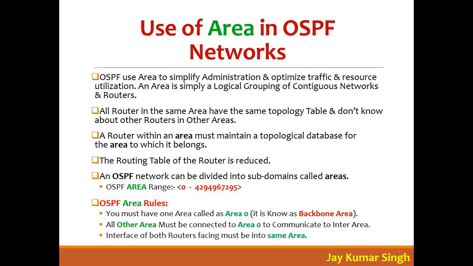Simply, OSPF uses areas to reduce the load of the routing table on the routers. As you know, OSPF is used for large networks, which can be 100 routers or 200 routers. When we practice with 4 or 5 routers, the routing table is already long.